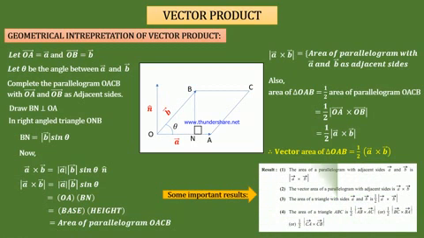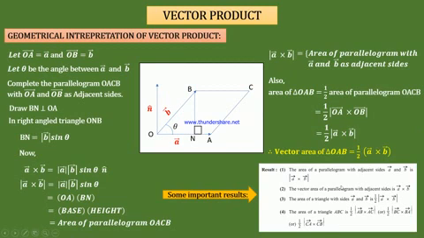Some important results. What are the important results? You just see. These are for problem solving, so all these are very, very important. The area of a parallelogram with adjacent sides A vector and B vector is modulus of A vector cross B vector. The vector area of a parallelogram with adjacent sides is only A vector cross B vector. Remove the modulus and it is the vector area of a parallelogram.